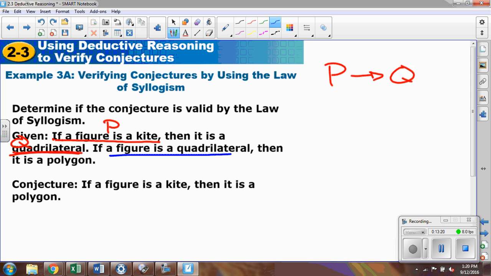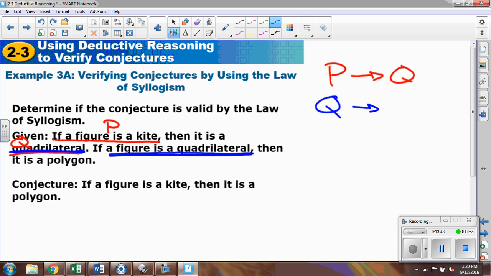If a figure is a quadrilateral, does that connect back to what we had before? What is it? Figure being a quadrilateral tells us, well, quadrilateral was Q, so I'm going to use the same letter. Yes, it is a hypothesis for a second statement, but we can't always use the same letter P for many different hypotheses.